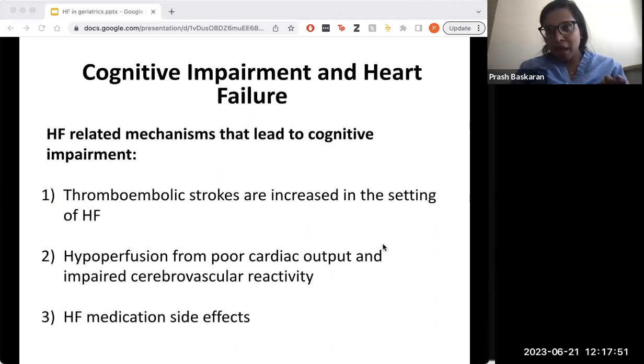So the mechanism behind it, there are obviously many thought processes, but some of the 3 more commonly seen presentations are: there is an increased risk of thromboembolic strokes in the setting of heart failure, which can result in vascular cognitive impairment. You can see hypoperfusion from poor cardiac output and increased cerebral vascular reactivity. And then heart failure medications on their own have complications that can result in acute changes in one's cognition or long-term cognitive impairment.